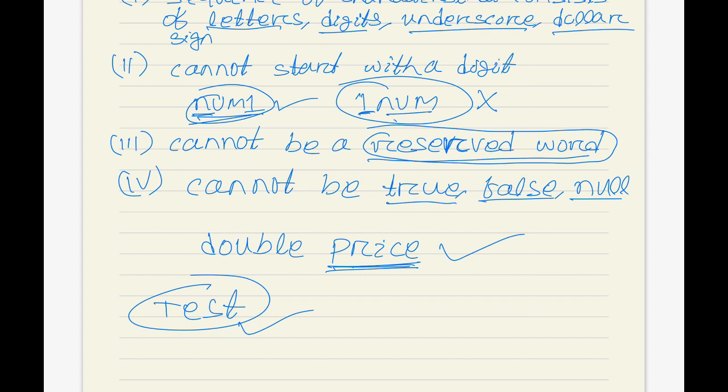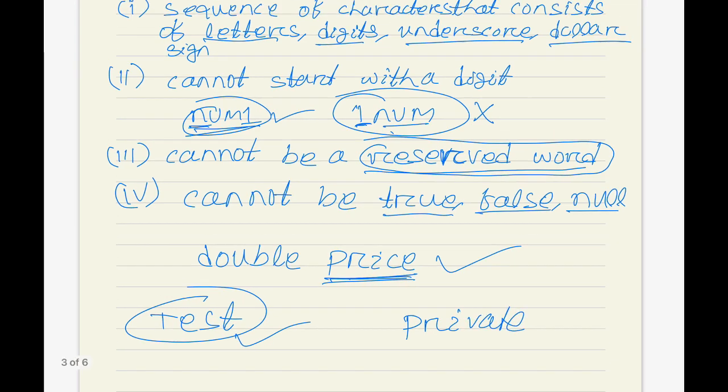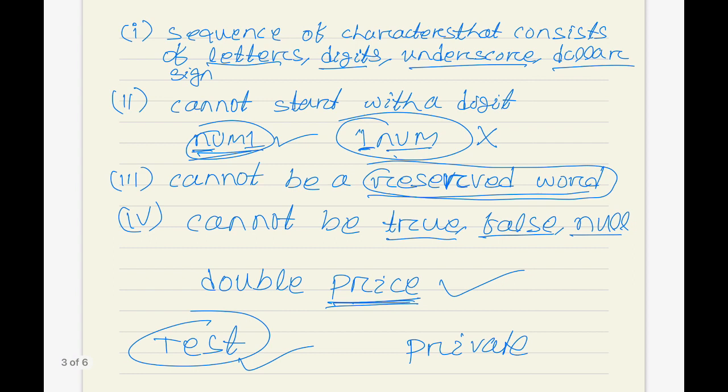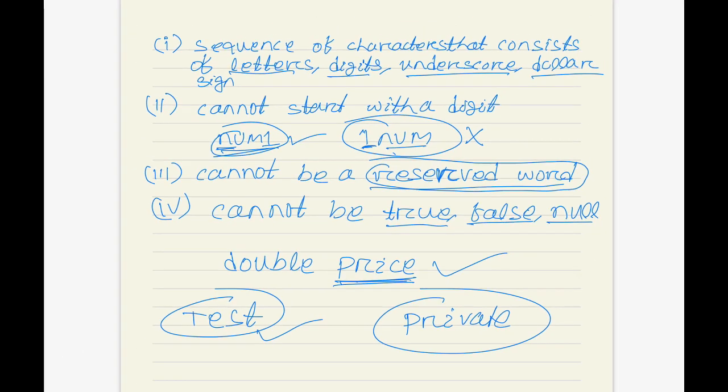Now if we write private, okay, so whether it follows rule 1, yes, it follows rule 1. Whether it follows rule 2, yes, it follows rule 2. Now rule 3, cannot be a reserved word. So private is a reserved word.